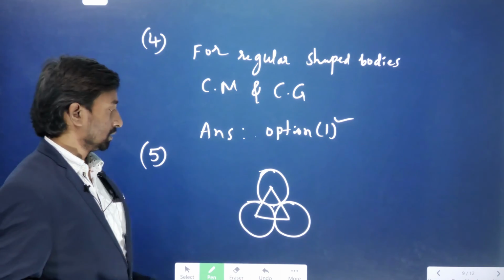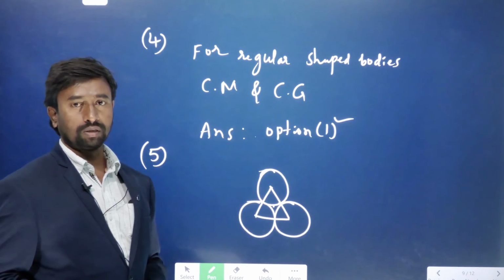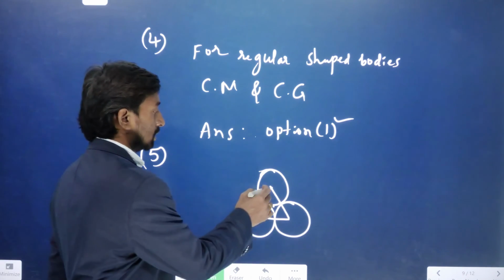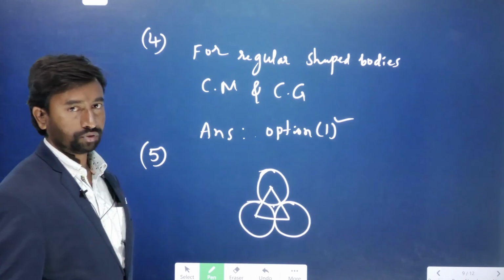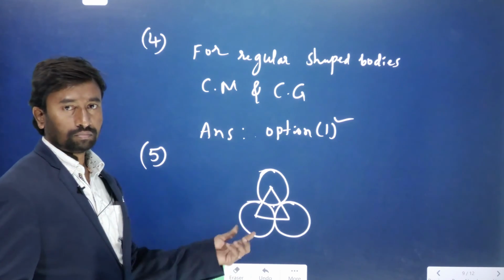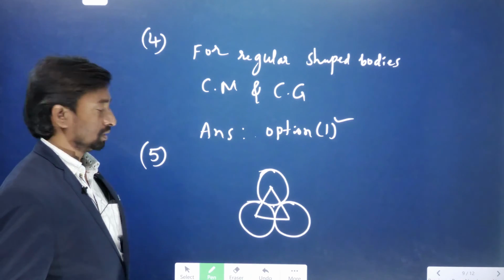Definitely it will be at the geometrical center of the body. So where is the geometrical center? If you join the centers of each pair of spheres, we get a triangle.